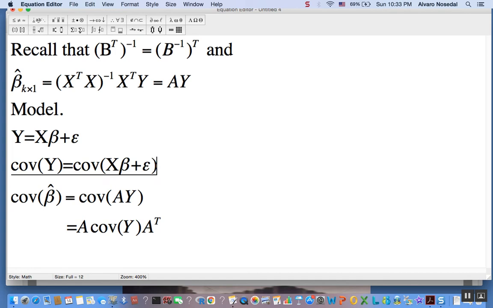But X beta is just a constant, so it's going to be just the covariance of epsilon.